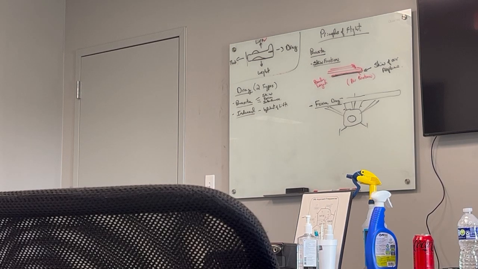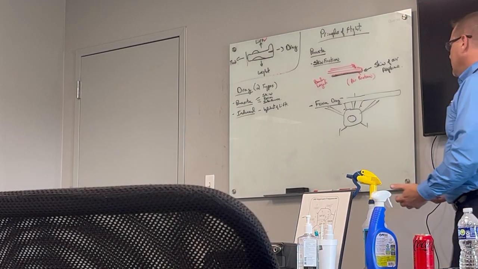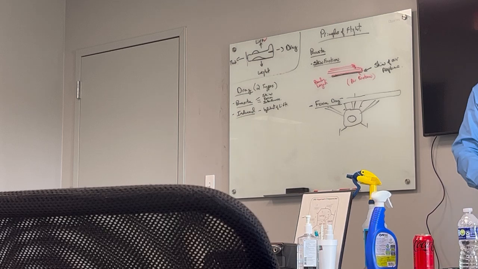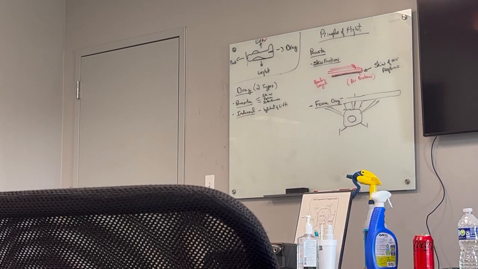Now our aircraft, just like any aerodynamic thing, just like boats, want to have the least amount of friction. They're formed and designed in a certain manner to minimize form drag, right?